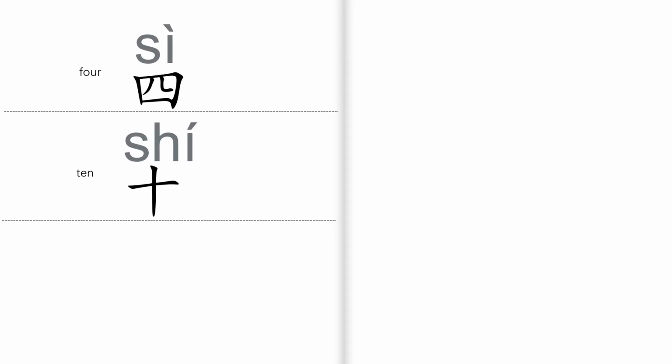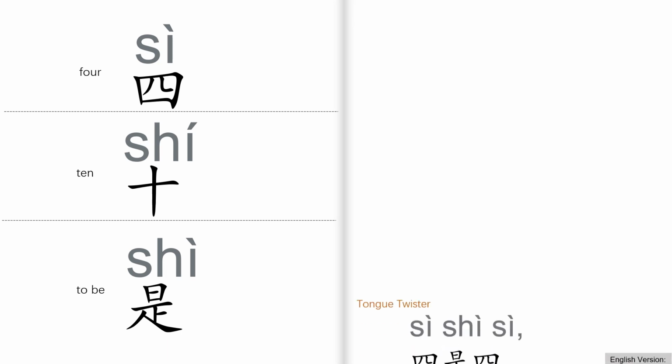It's 四 and 十. We also learned 是. 是 means is.